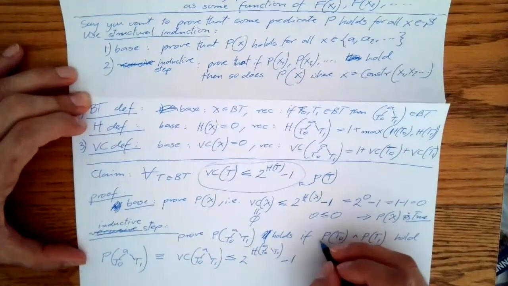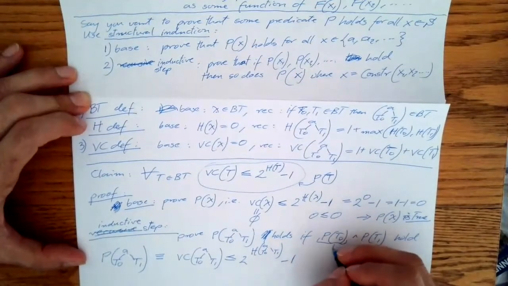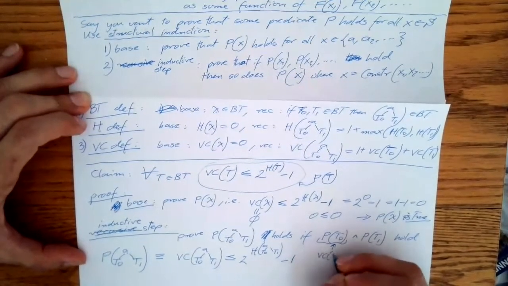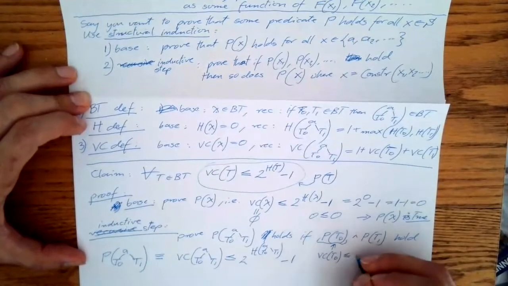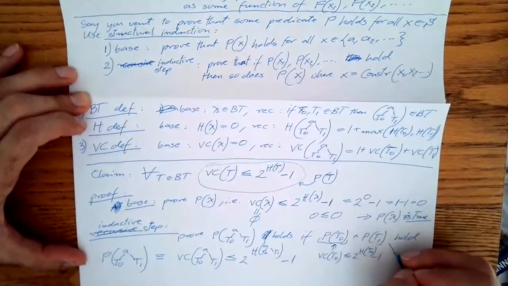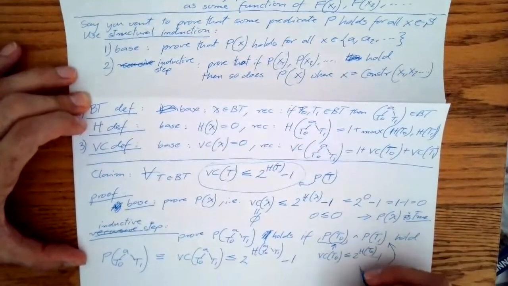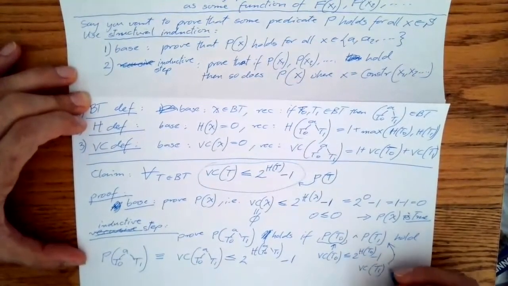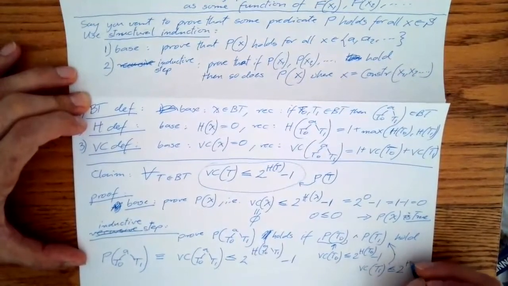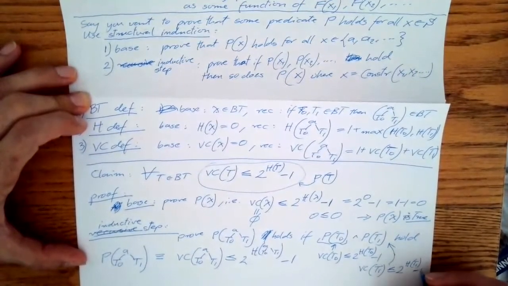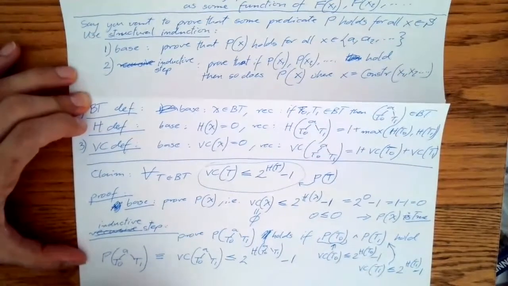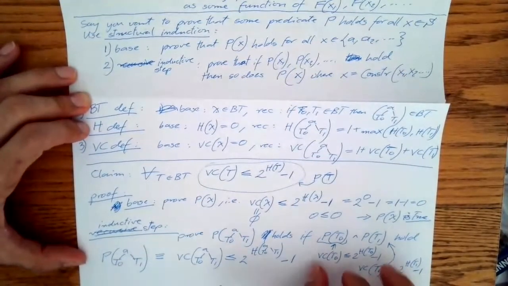Now, what does this say? This says that VC of T0 is upper bounded by 2 to the height of T0 minus 1. And this thing says that VC of T1 is upper bounded by 2 to the height of T1 minus 1. Okay, good. So we will use it.